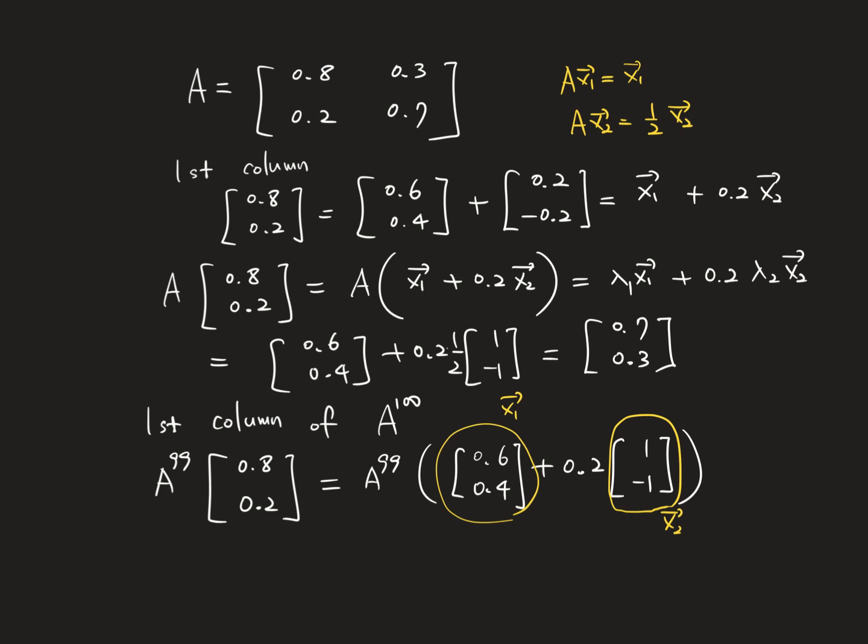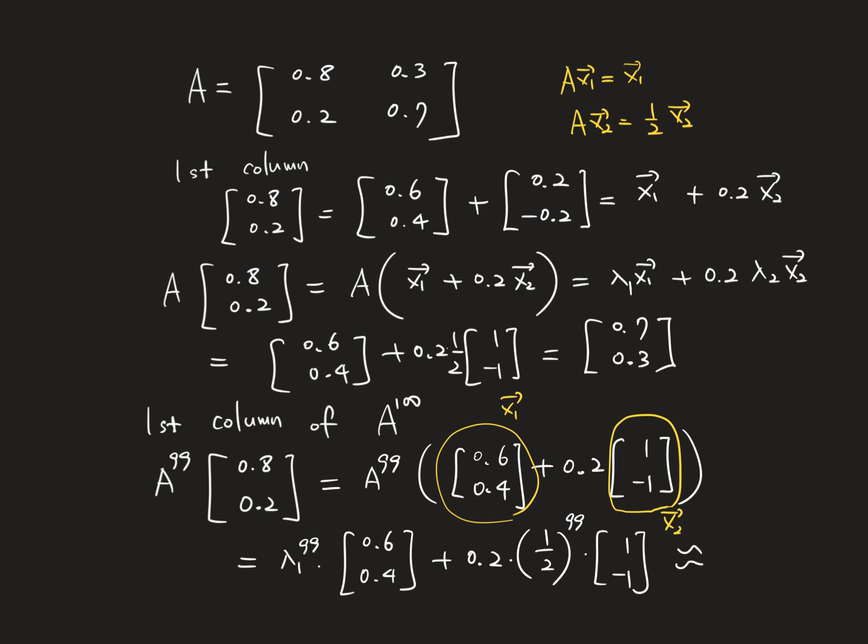So it'll be lambda 1 to the 99 x1 plus 0.2 lambda 2, which is 1/2, to the 99, and 1, minus 1. So it'll be almost equal to 0.6 and 0.4.